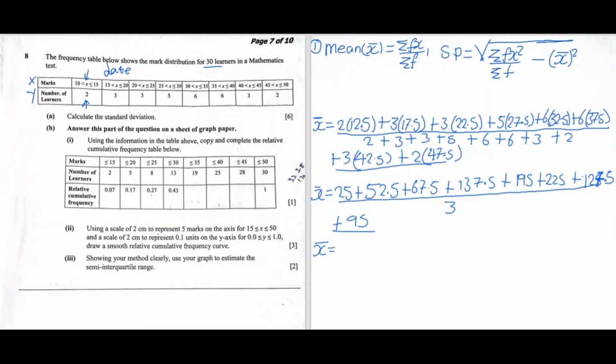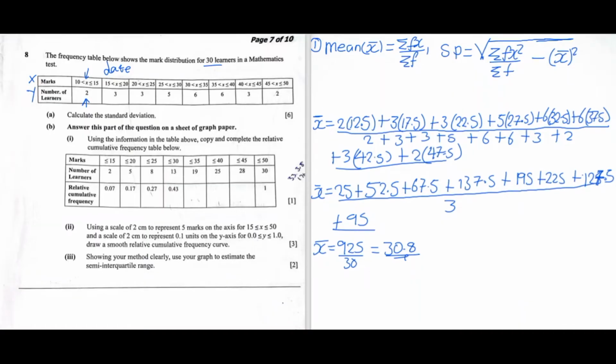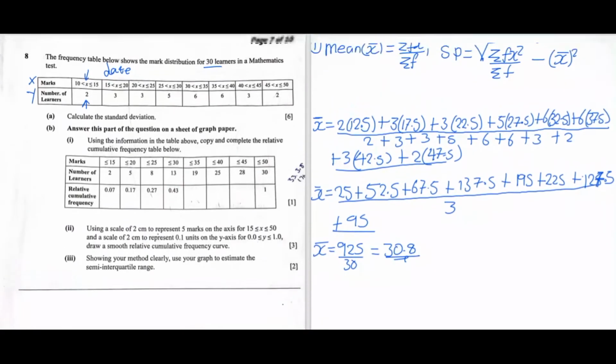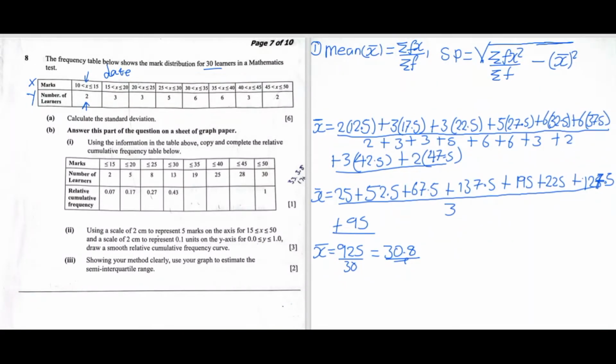According to my calculator, I'm getting 925 over 30. If we divide by 30, I'm getting 30.8. So 30.8 is our mean.